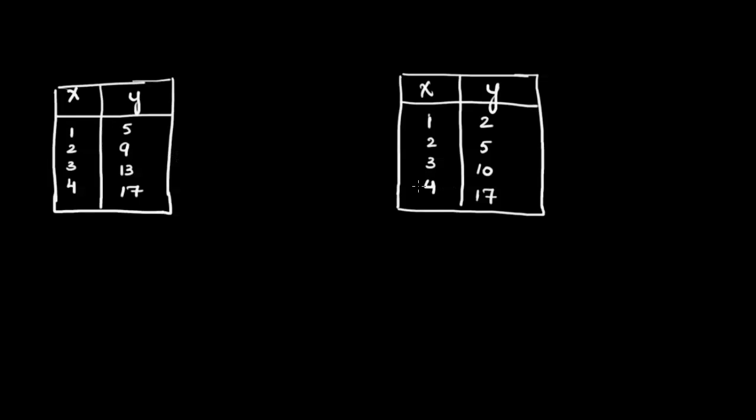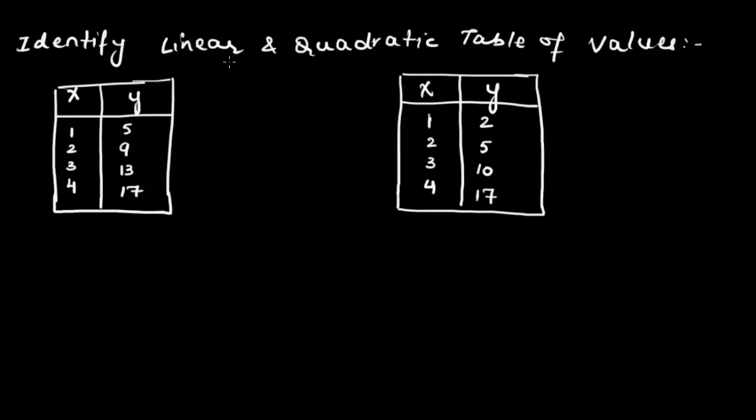Let's say we are given these two tables of values, and using them we are asked to figure out which represents a linear equation and which represents a quadratic equation. We have to identify the linear and quadratic tables of values. How do we solve this type of question? We find the common differences for the y values. This is called finite differences.